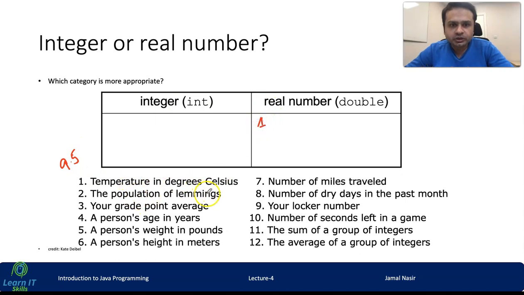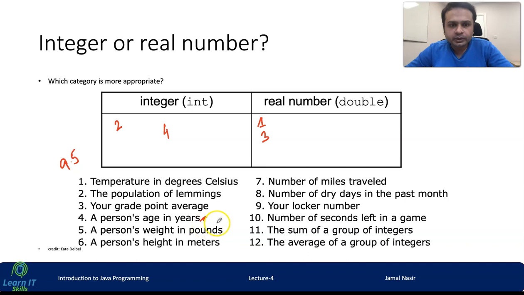Similarly, the population of lemmings: yes, population is discrete. It could be 2 million, it could be 1 million, right? So we can store it in an integer. Your grade point average, GPA, CGPA, it would be a real number, right? A person's age in years: someone could be 23 years or 25 years old, so this could be stored in an integer.